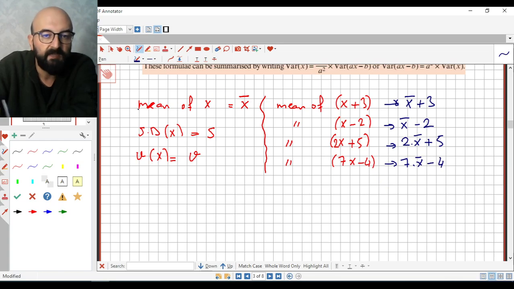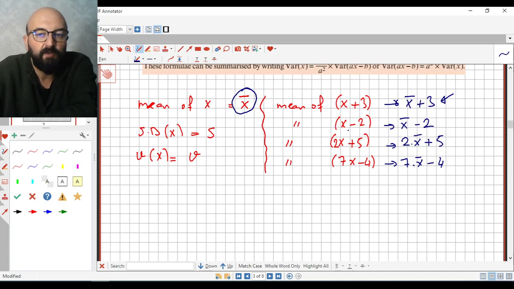Okay, if we say the mean of x here, so the mean of x plus 3 becomes like this, and the mean of x minus 2 like this, and the mean of 2x plus 5 like this.